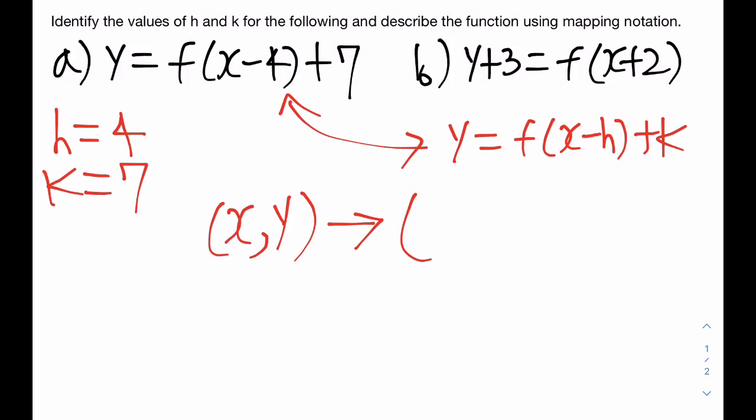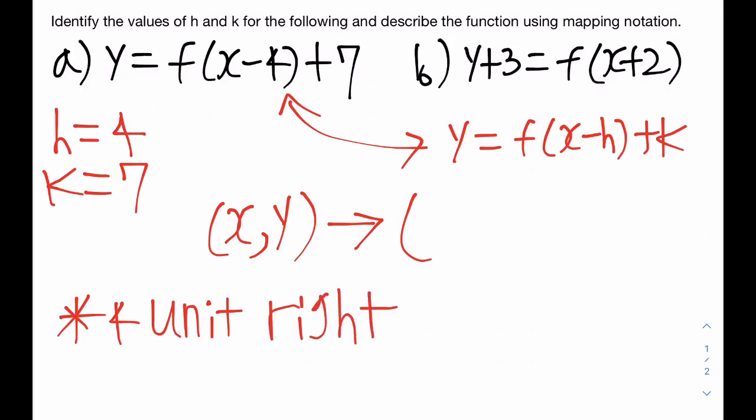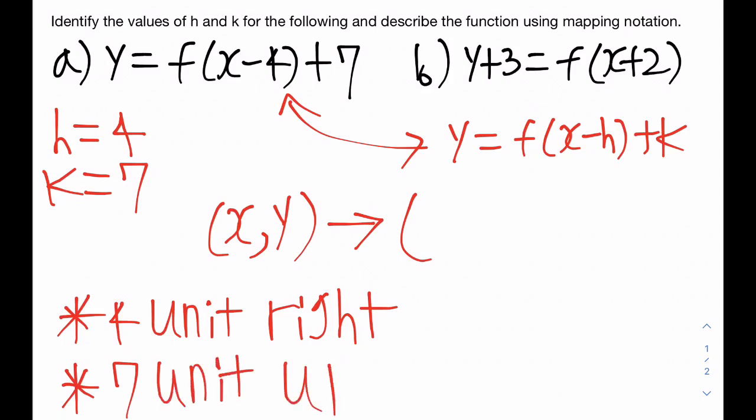So we moved 4 units. Actually, let's write this first. We moved 4 units to the right, guys, because it's minus 4 and it becomes plus 4 when we translate it, so it goes 4 units to the right, and we have 7 units, it goes 7 units up.